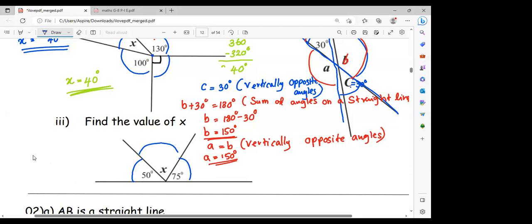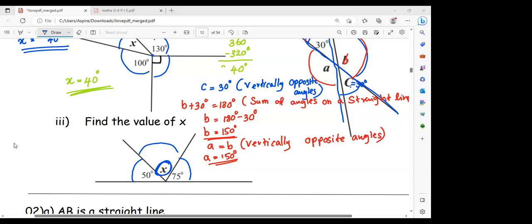We don't know the value of x. What is the relationship we used here? The sum of the angles on a straight line segment equals 180.